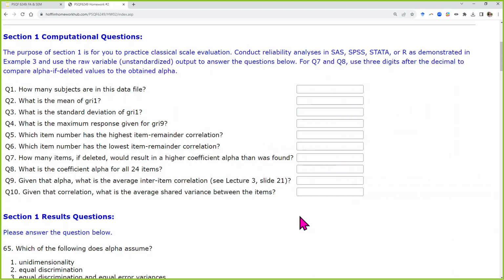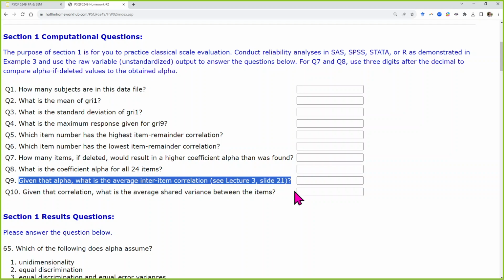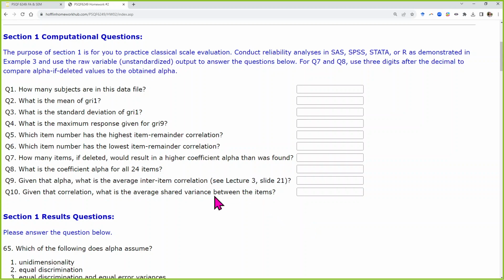This is based off of example 3, so you have code that would get these for you in every case. The only catch is this one right here. I'm asking you to do a separate calculation based on the obtained alpha, what the average inter-item correlation must have been. And here's exactly where you can find the formula. I just double checked and it is indeed right. So based on that formula, you can find the average inter-item correlation.